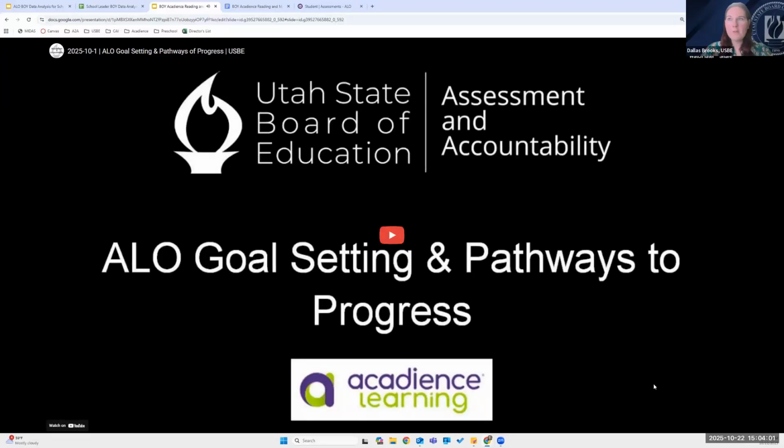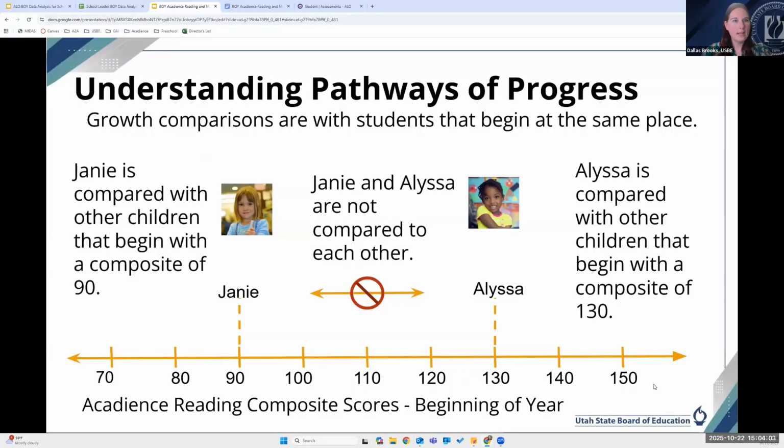Okay, so that was just an overview on setting goals and the pathways within ALO. One of my favorite things about the ALO platform and the Acadience assessment is that when we are talking about pathways of progress, we are comparing similar students to each other. We're not taking the highest student and the lowest student and comparing them to one another because that's just not fair to the students.